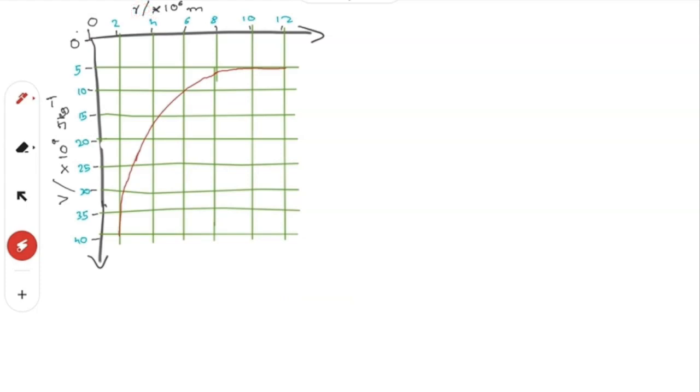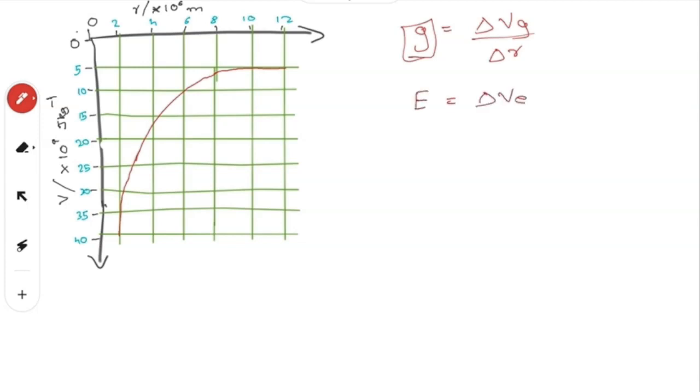So if it was gravitational potential, we know that g is equal to delta Vg over delta r, which means that the gradient of this curve would be equal to g. If this was electric potential, the gradient would be equal to E. And you would see this curve in many questions, so I think it's important to understand how to interpret it.